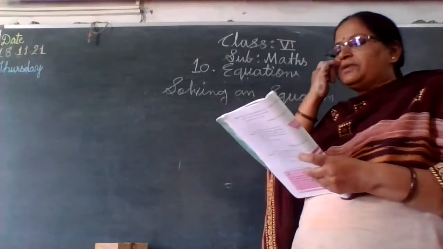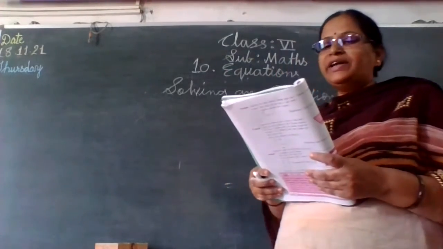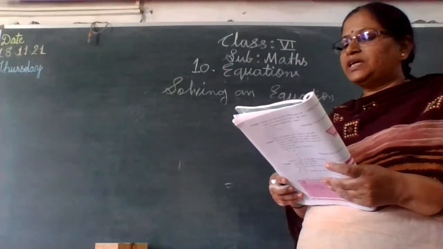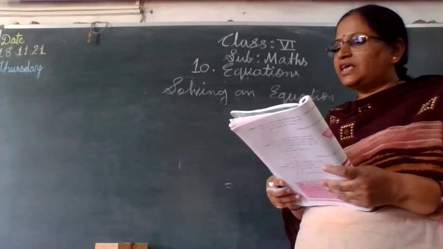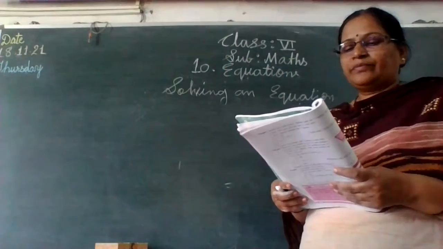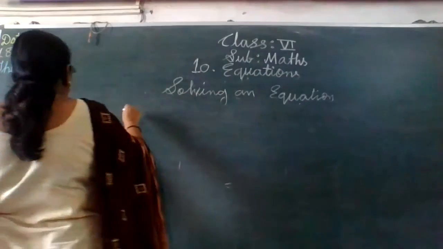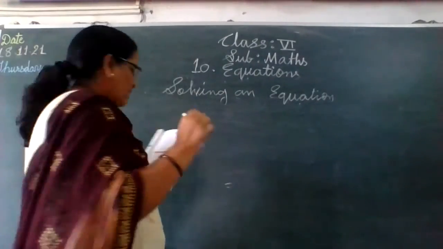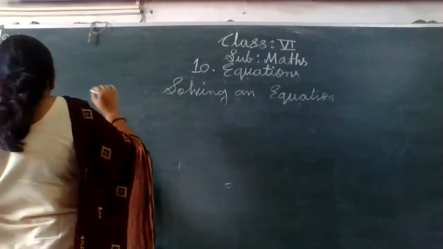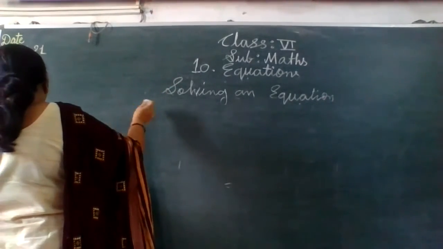So it is question number 2 from practice set 27 from your book. Find out which operation must be done on both sides of these equations in order to solve them. Solve the following questions.